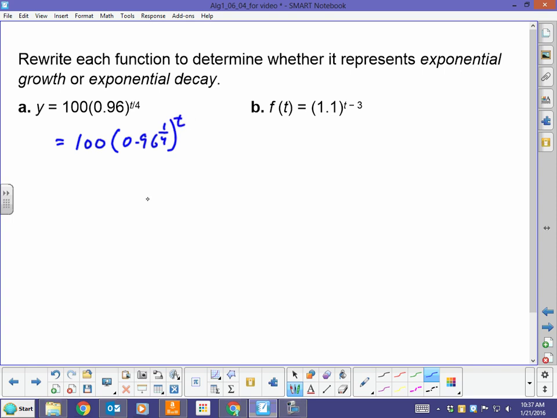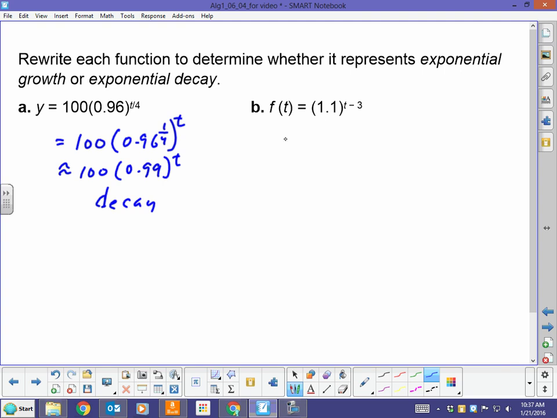So I get that t by itself again, right? So the fourth root of 0.96, I can think of as approximately, this is going to be an approximation after this point, 0.99 raised to the power of t. So there's my function, and this is actually exponential decay because, again, this is less than 1. So this is decay.